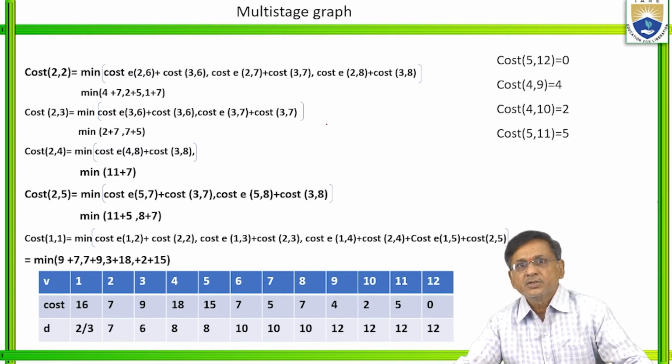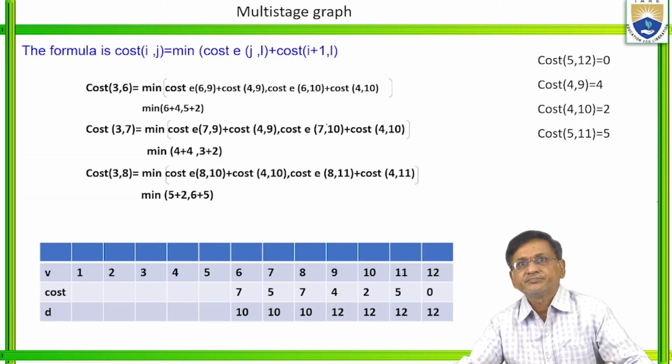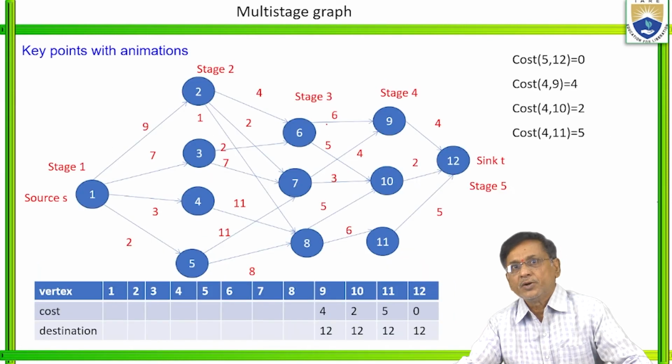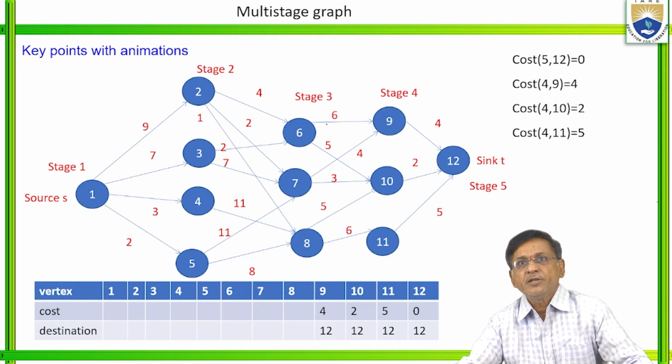Next, we have to find out the cost corresponding to the starting vertex. Now you see, from the starting vertex or source, how many paths are there? There are 4 paths: one is 1 to 2, another one is 1 to 3, the third one is 1 to 4, and the fourth one is 1 to 5.